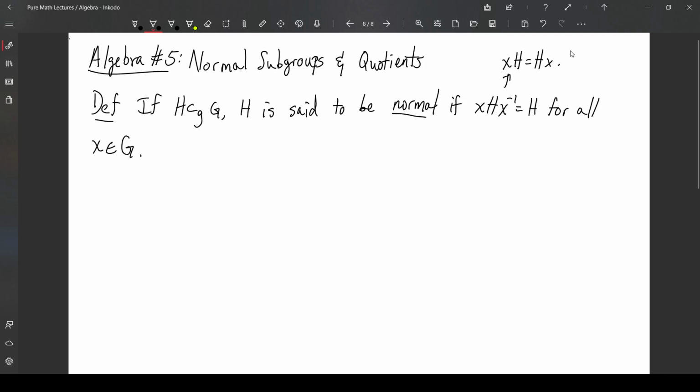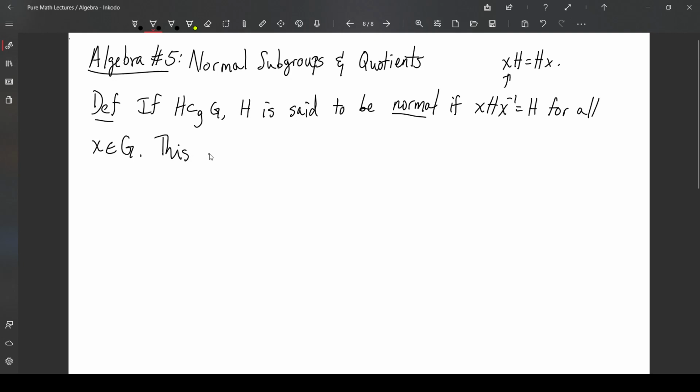And so notice, like in the last video on cosets, all the things we dealt with involved multiplying by an element on the left. And here we're saying that it has to be the same if we multiply on the right.